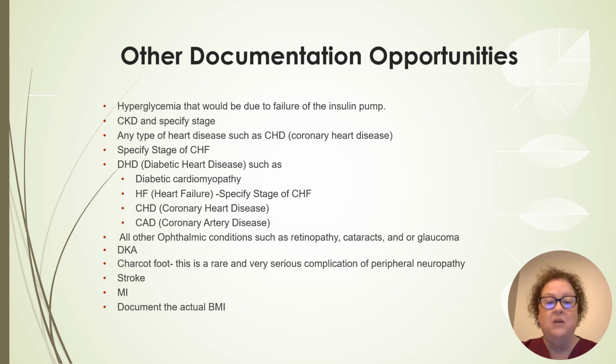All other ophthalmic conditions, such as retinopathy, cataracts, and or glaucoma. Diabetic ketoacidosis, another condition rarely heard of, but a very serious complication of peripheral neuropathy is Charcot foot. So if they've got a stroke that's due to diabetes, a myocardial infarction, MI, always document the actual BMI, please. That is a very important aspect of this.